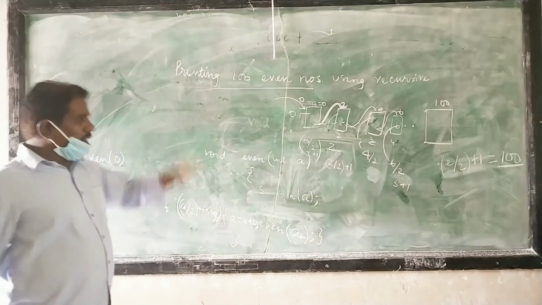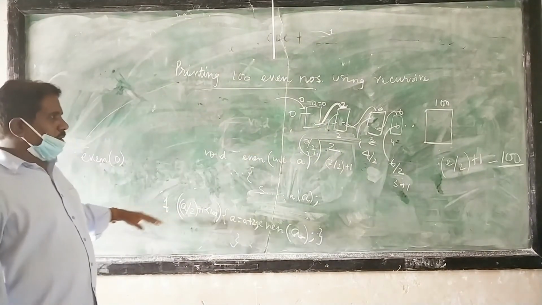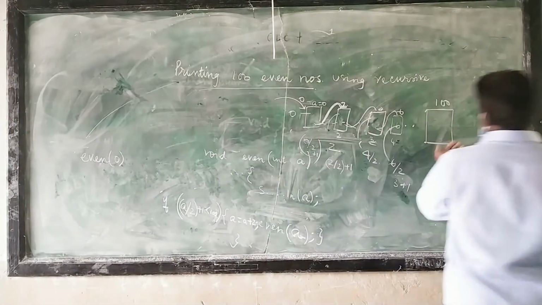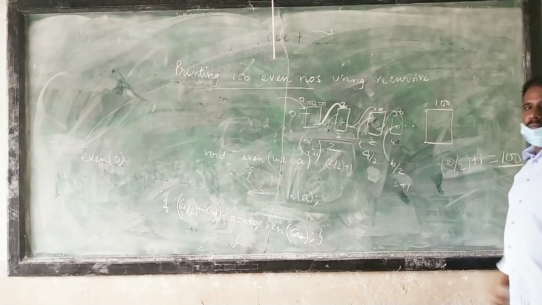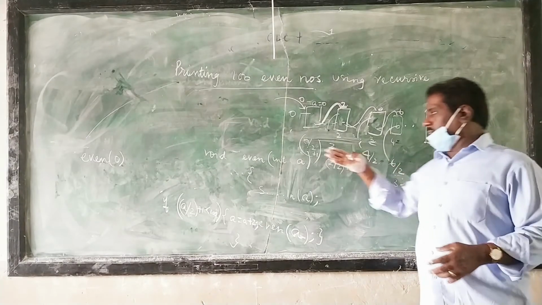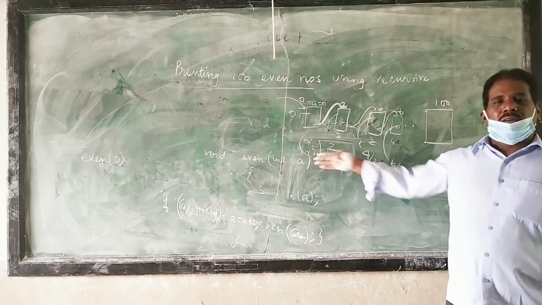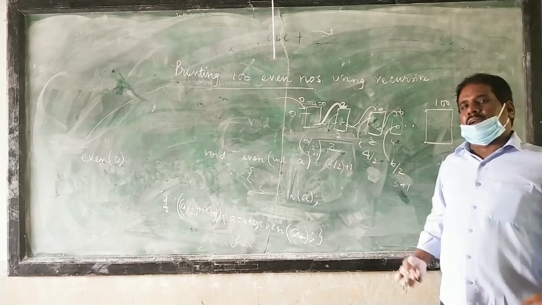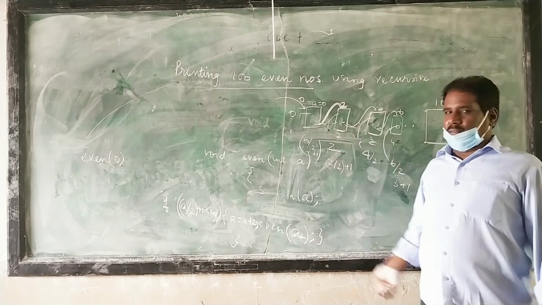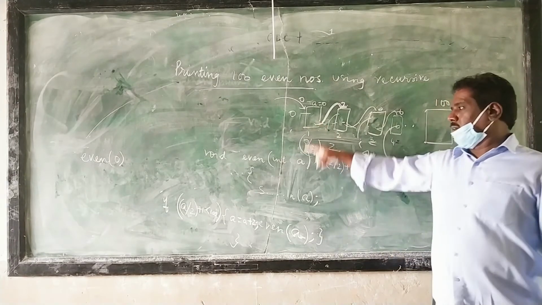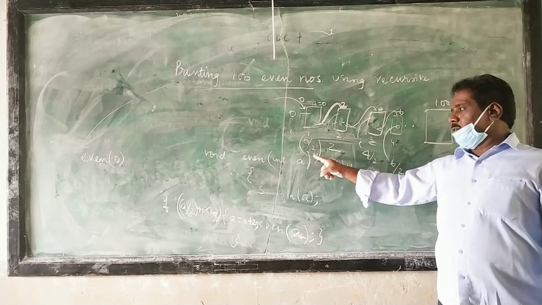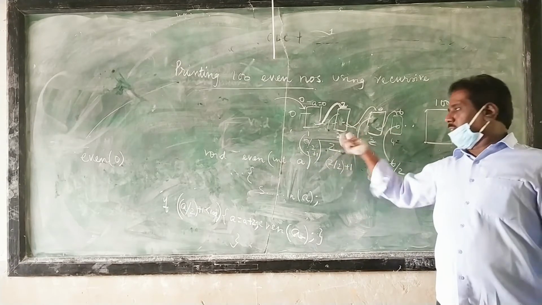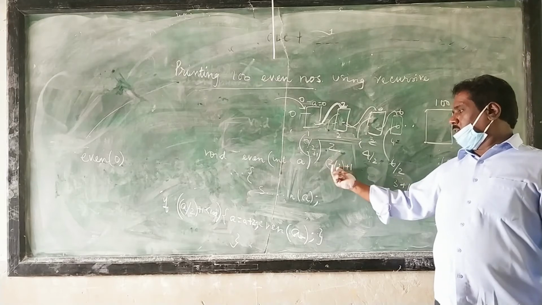And exactly at the 100th block I have to stop. How can I come to know this is the 100th block? From the resultant answer we try to get the respective number. In the first block, 0 by 2 plus 1, I am getting 1. In the second block I want to get 2 from the result: 2 divided by 2 plus 1.